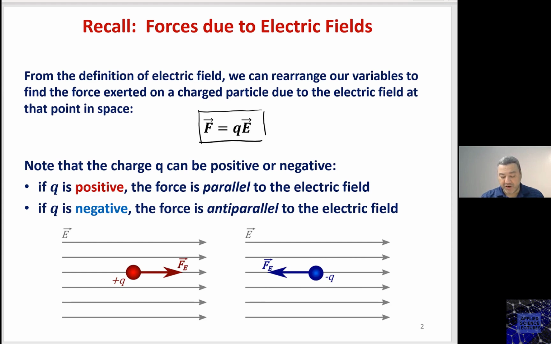So if this charge is positive, then the force will have the same direction as the electric field. If this charge is a negative charge, then the electric force will have an opposite direction of the electric field.